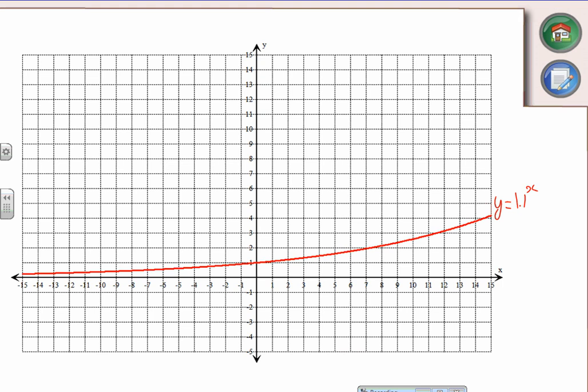So let's start with our y-intercept. Right there at 1 is our y-intercept. Well, let's look at our x-intercept now. Ooh, it is not crossing the x-axis. That looks awfully a lot like an asymptote. Well, let's keep going and see if that holds true.